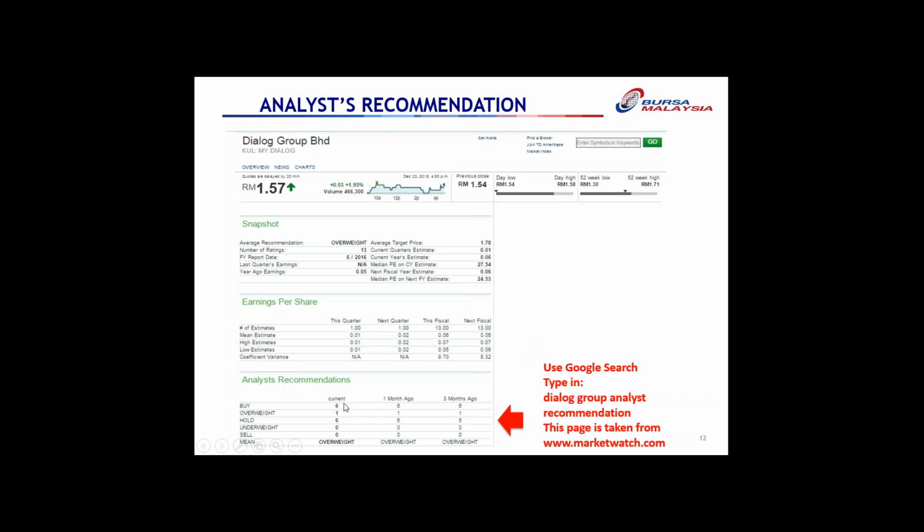Then you can see below here there are current rating, 1 month ago and 3 months ago, so you can have an indication of what other analysts are saying. This is something which lends support in your consideration whether this should be an investment.